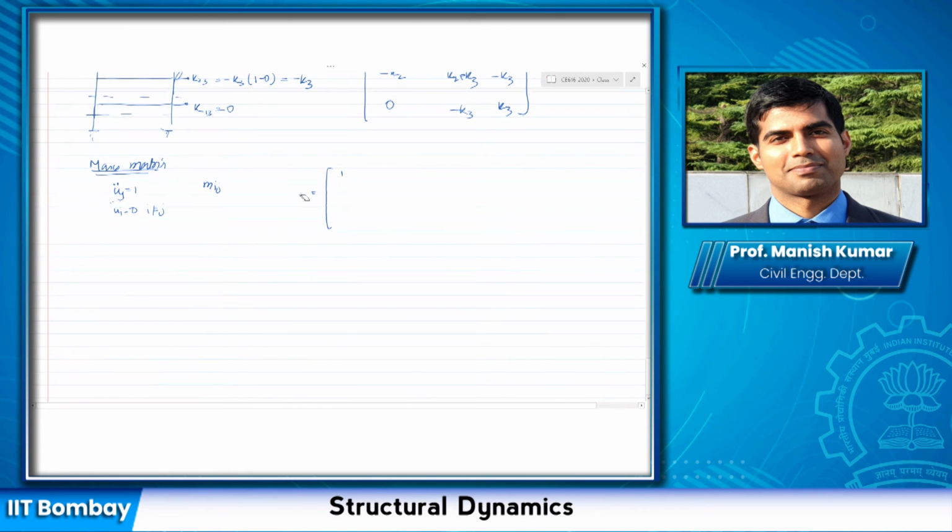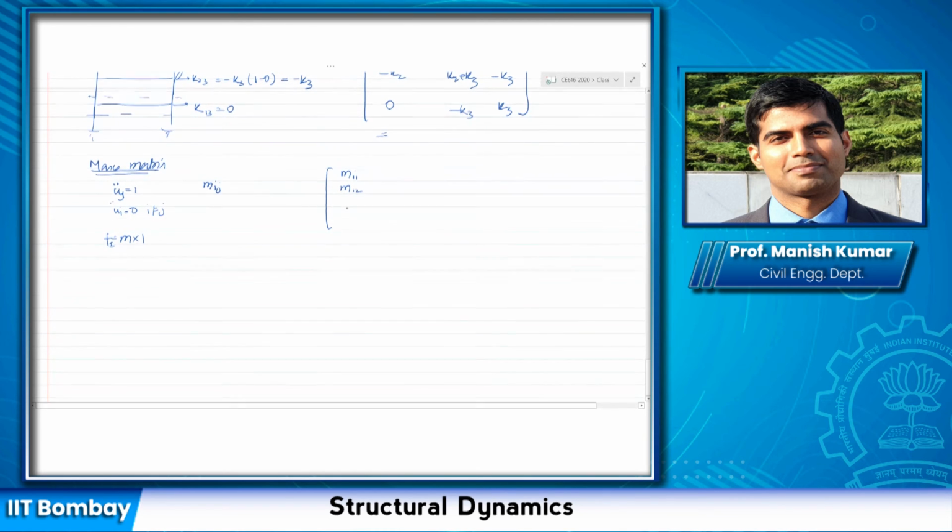Remember, when you apply the unit acceleration, your inertial force becomes the mass, similarly to what we did for the stiffness forces. So the force that needs to be applied, let us call it Mij, is basically the influence coefficient, and this Mij provides a column vector for each of these. So you follow the same procedure: apply unit acceleration and then find out what the forces are at other nodes.